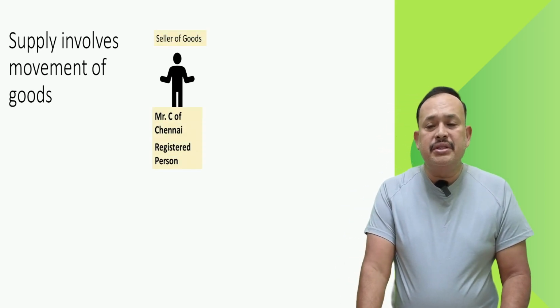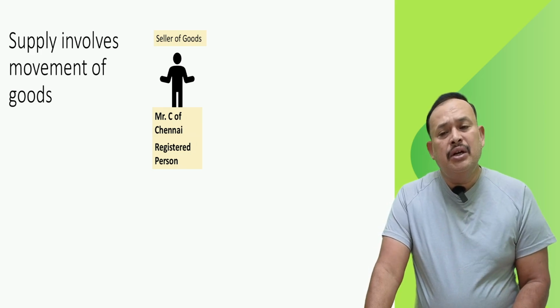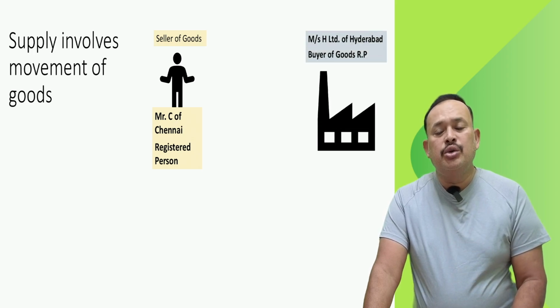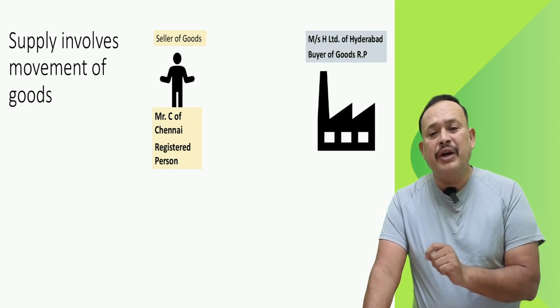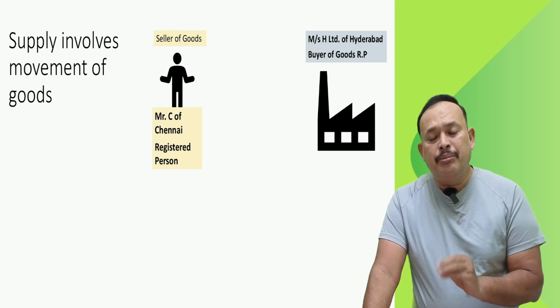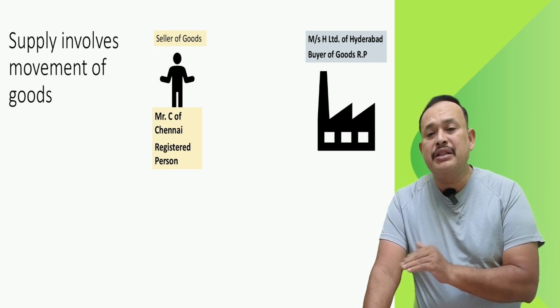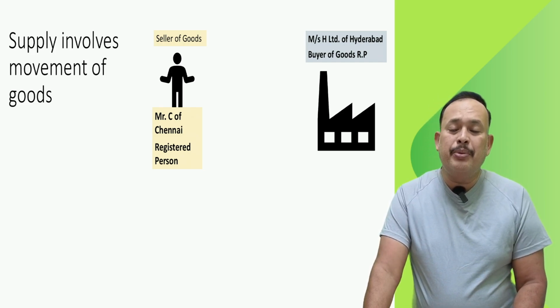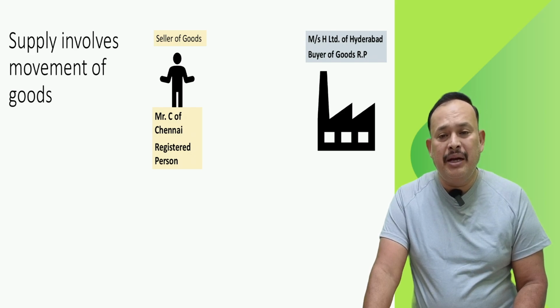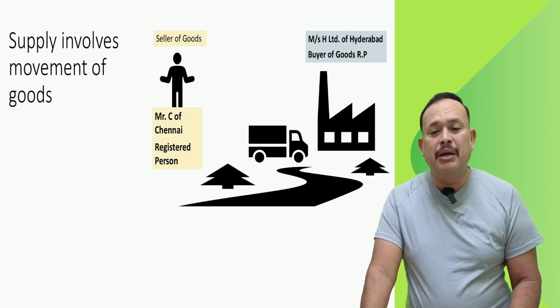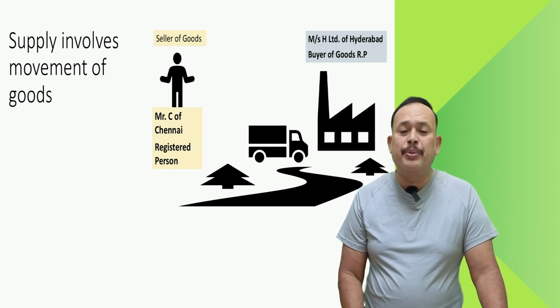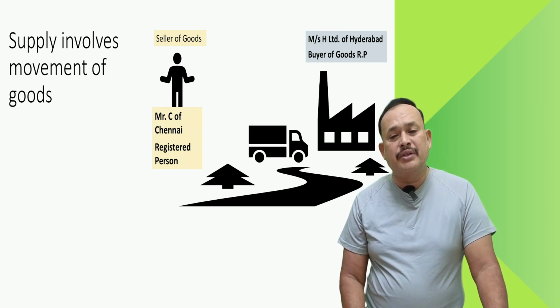Seller of goods, Mr. C of Chennai, who is a registered person, supplied the goods to H Limited of Hyderabad, being a buyer who is also a registered person. Goods supplied from Chennai to Hyderabad, the goods moving in a truck by road, for example. It involves movement. Supply involves movement of the goods.